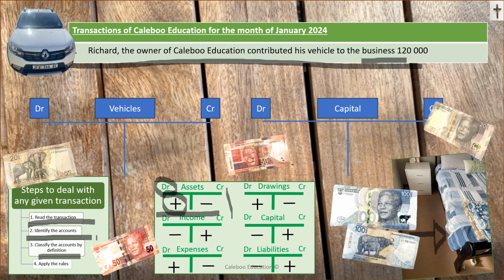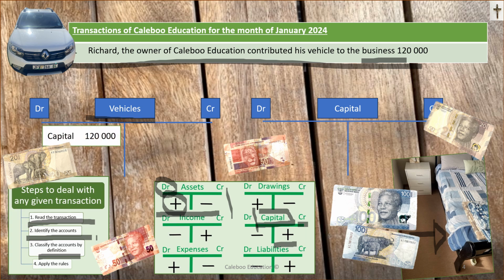Let's have a look at capital here. Capital is its own category. According to the business's books, the owner has become worth more because of this capital contribution of a vehicle. So capital has increased, and the account will be credited according to our rules.